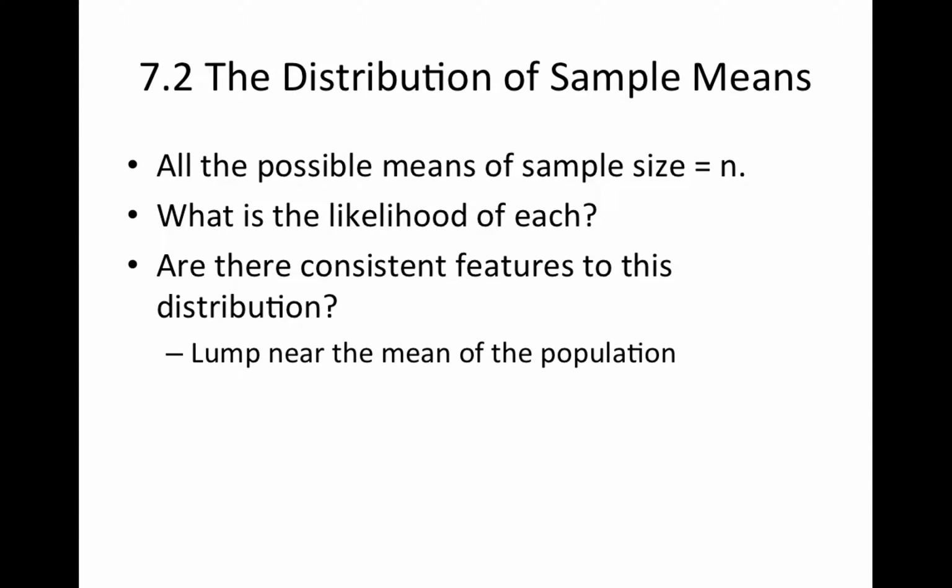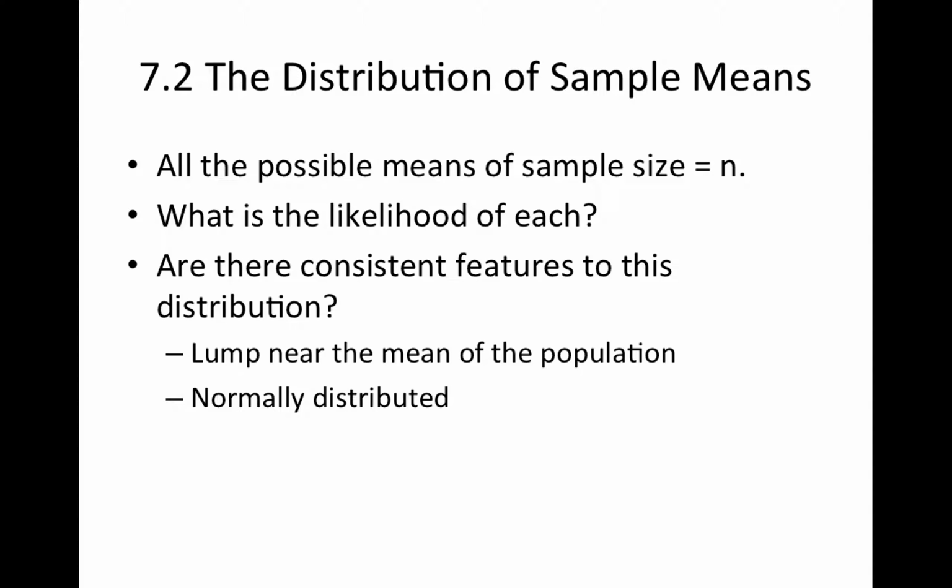So what are the consistent features? Well, just like I said before, most of the means that you're going to get are going to lump near the mean of the population. So most of the sample means that you get are going to be near the population mean. Just not all of them, and you can't guarantee they're going to be exactly the population mean. And you're also going to get a normally distributed distribution of sample means, okay?